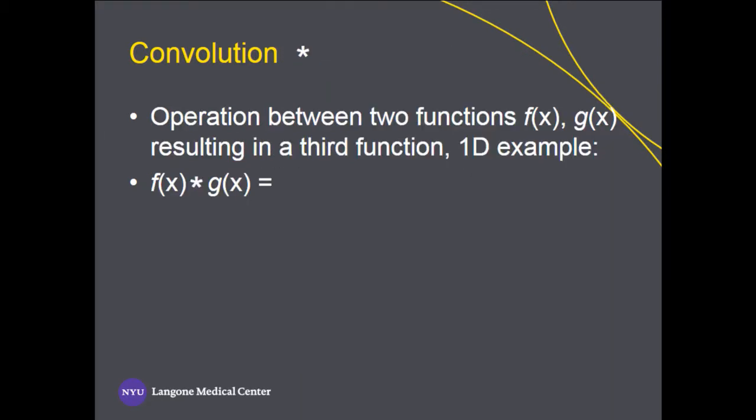So what is a convolution? People talk about this in perfusion imaging. You can think of it essentially as an operation between two functions, resulting in a third. So for a 1D example, you've got two functions. If you move them together, you could call that thing H instead of F and G, right?